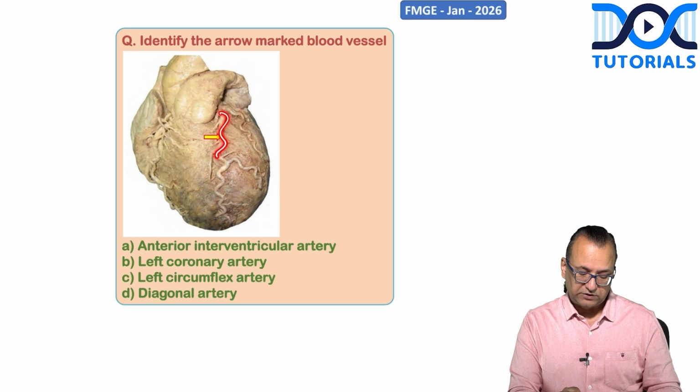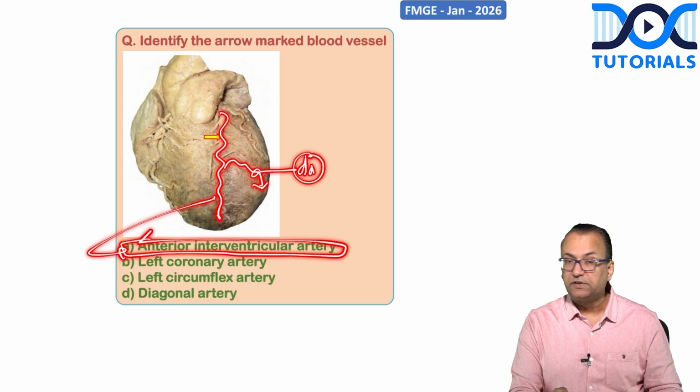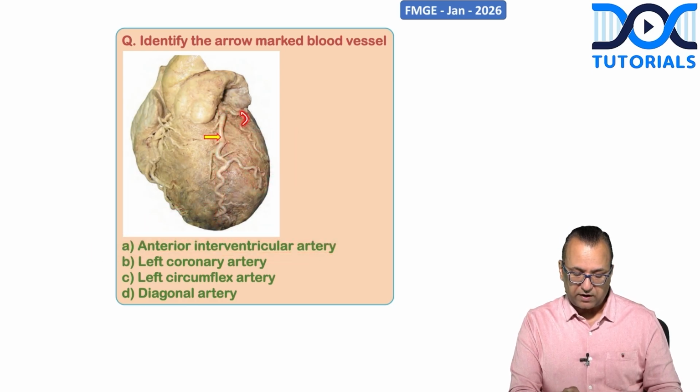It also gives some diagonal arteries. There are multiple diagonal arteries. The other diagonal artery can be given by the circumflex artery, which is the continuation of the left coronary artery.